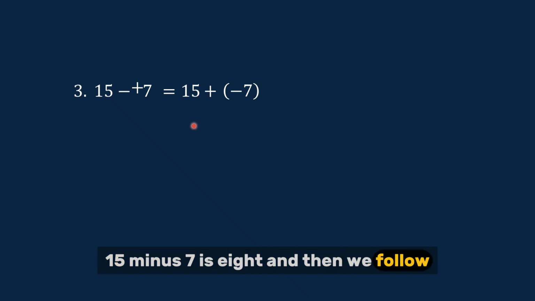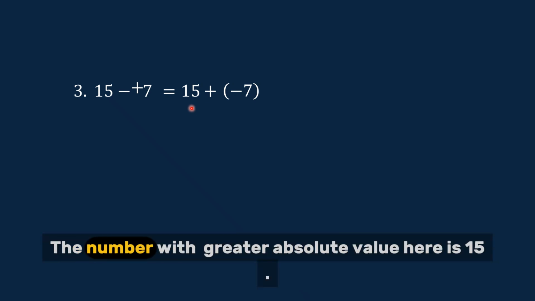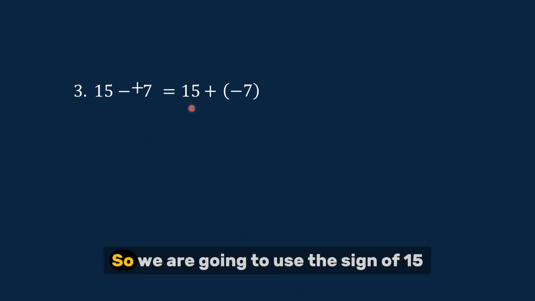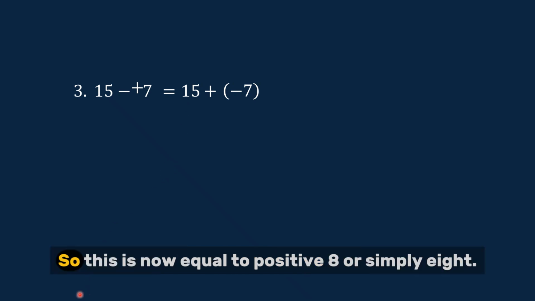And then we follow the sign of the number with greater absolute value. The number with greater absolute value here is 15. So we are going to use the sign of 15, which is the positive. So this is now equal to positive 8 or simply 8.